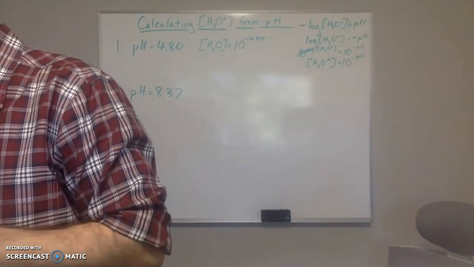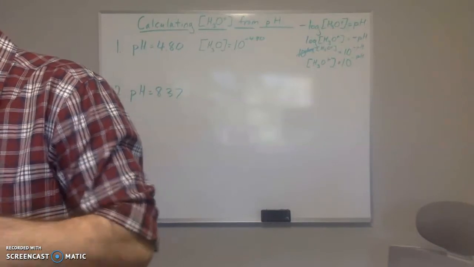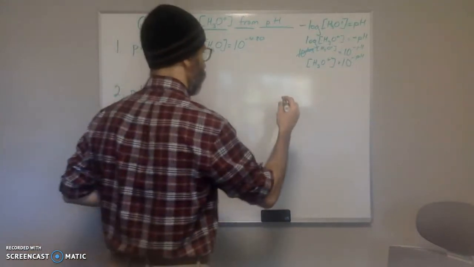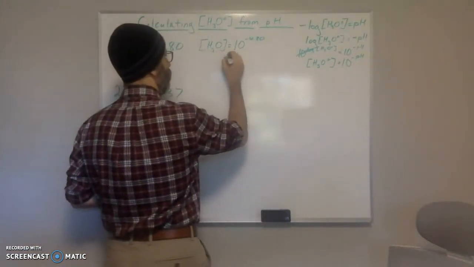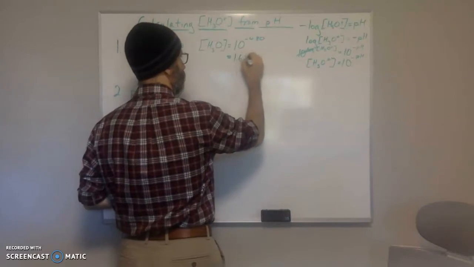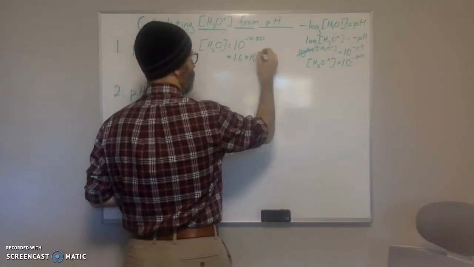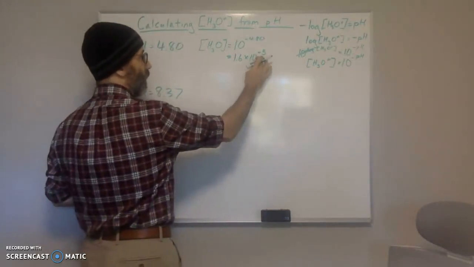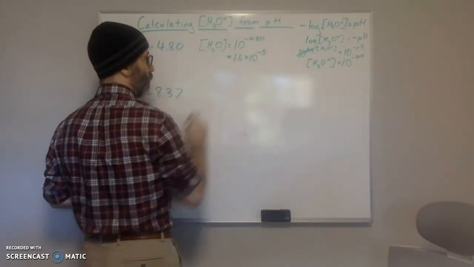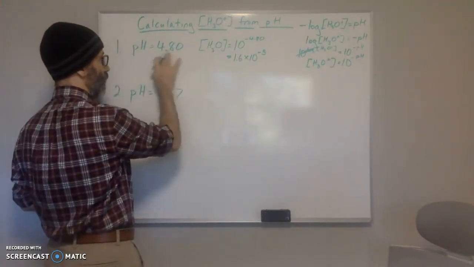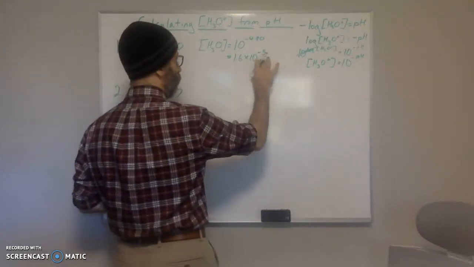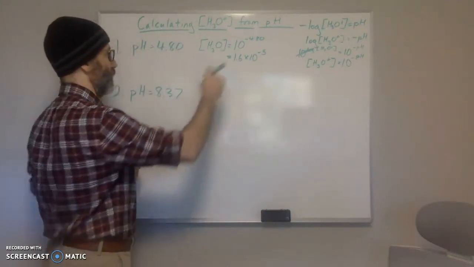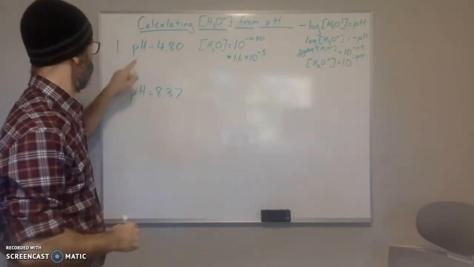And the answer here is 1.6 times 10 to the negative 5 concentration. And you can see that the power is very similar to the pH that was given. Okay, so that is the H plus concentration for this pH.